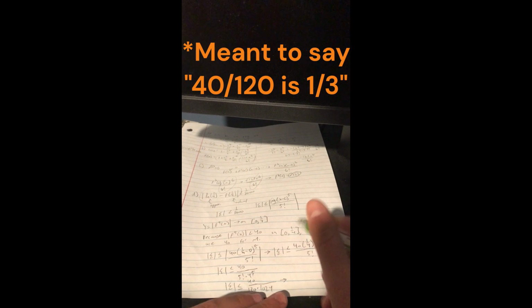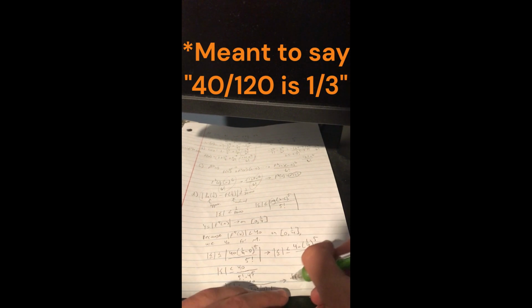So the absolute value of the error is less than or equal to 40 over 120 times, I think it's 1024. So 40 over 120 is 1/3. So that's 1 over 3 times 1024, which is smaller than 1 over 3,000.